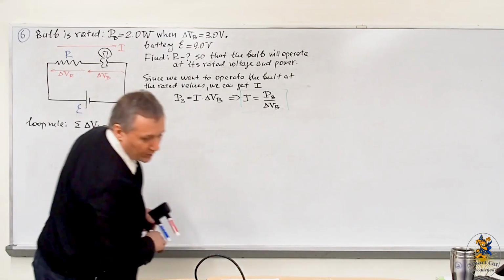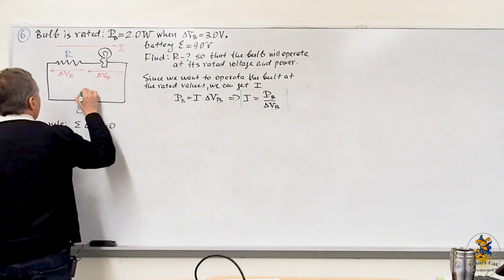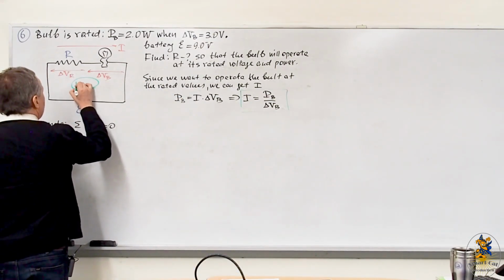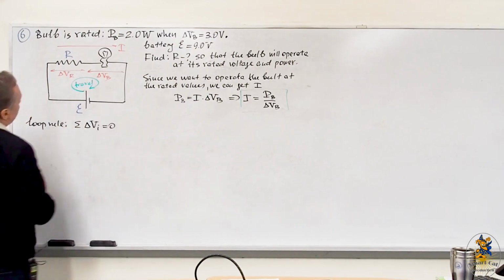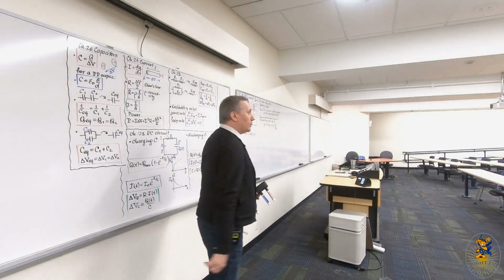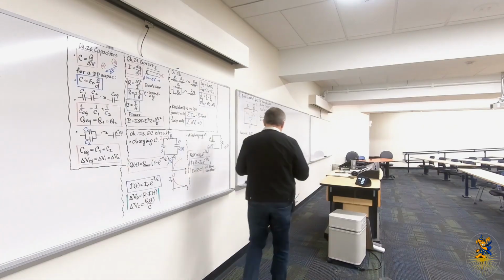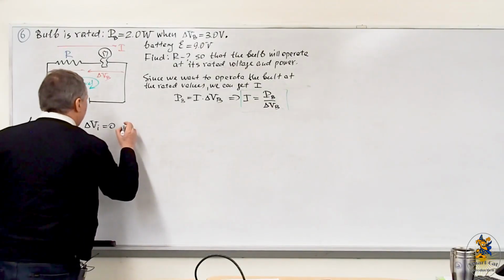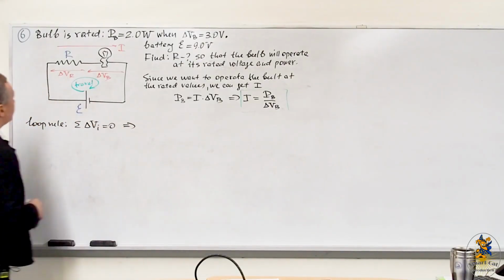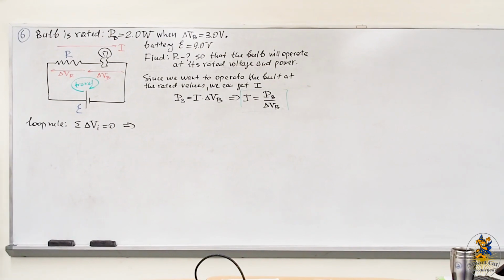I picked this way. So that's the travel direction, in this case clockwise. It doesn't matter which direction you pick, but I pick clockwise. So, a battery from minus to plus, rule number 1, the contribution is positive, plus EMF.